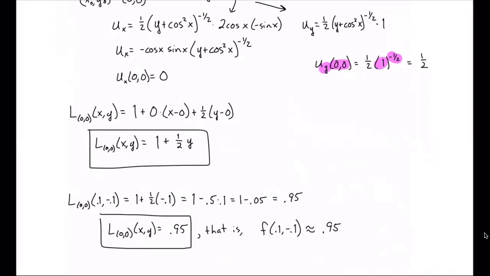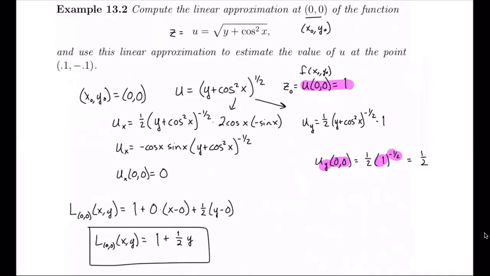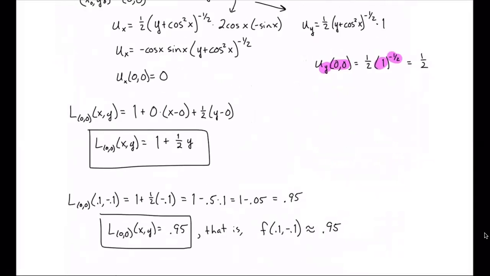Now, let's use this. They actually ask us to approximate the value of the function. So let's demonstrate how well this approximation can go. We need to approximate the value of u at 0.1 and negative 0.1. Okay, so down below, we just simply plug in 0.1 comma negative 0.1 as our x, y values in our linear approximation at (0, 0). And that's plugging them into, well, what we see above here is this function. So the x-coordinate doesn't matter. It doesn't play a role in this. It just happens to have a slope of 0 if we think about that in terms of the direction numbers for the equation of the plane.